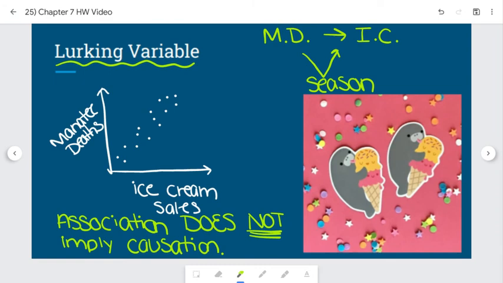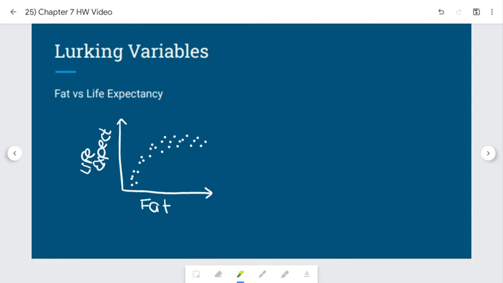So if I go back to our previous problem with life expectancy and fat consumption, it had this curve pattern. We're wondering, well, what's happening here? How is that even possible that the more fat you consume, life expectancy increases? That feels a little bit weird. But what happens is it's really depending on the country you're living in.